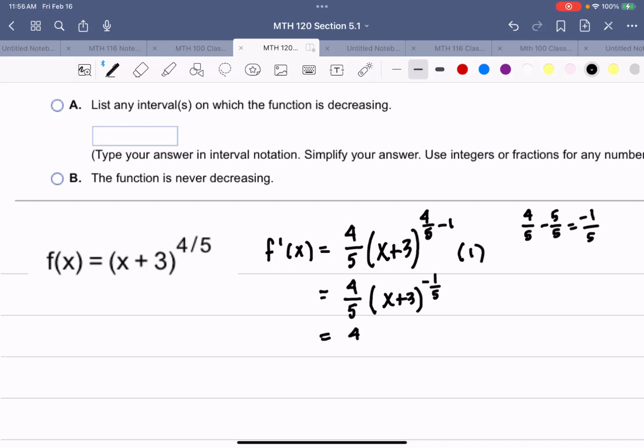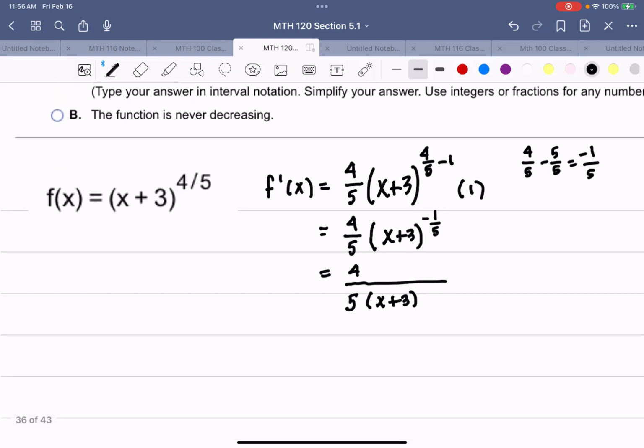So that negative exponent is going to force that base to the denominator. So it will be 4 over 5 times (x plus 3) to the 1/5. And that means 4 over 5 times the 5th root of x plus 3.